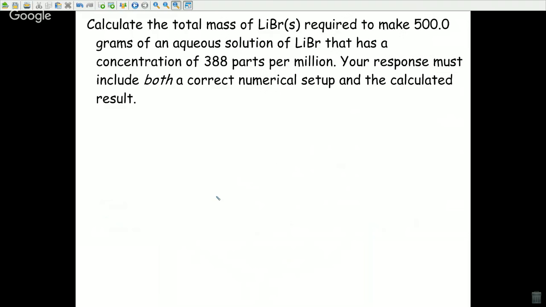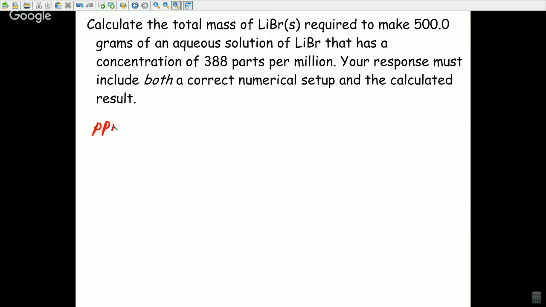So here's an example. Let's calculate the total mass of lithium bromide required to make a 500 gram of an aqueous solution of lithium bromide that has a concentration of 388 parts per million. Your response must include both the correct numerical setup and calculated result. So make sure you answer both parts of the question.